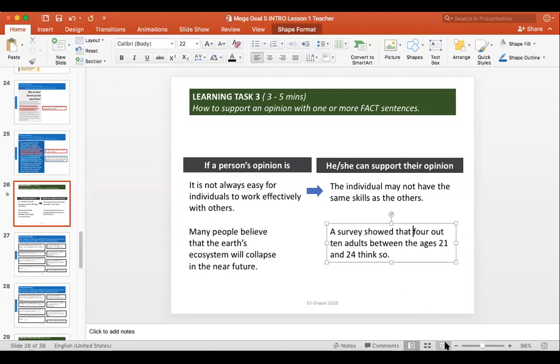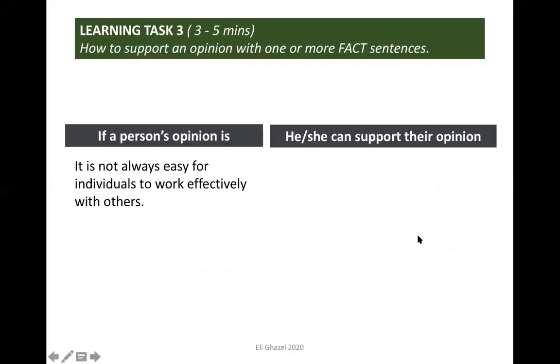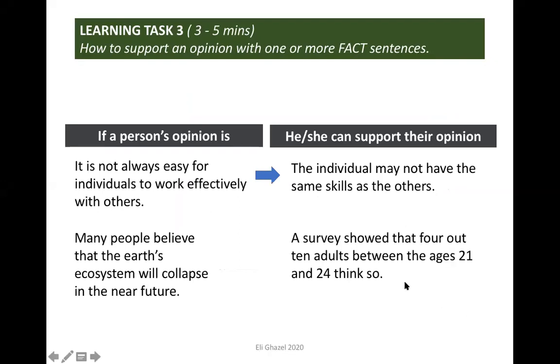4 out of 10 adults between the ages of 21 and 24 think so. So you have facts here. Somebody conducted a survey and went around to look at people between 21 and 24, and asked, what do you think? Yes, no, yes, no, yes, no. Now, the people who are speaking have opinions, but the survey is a fact, because you look at your claim, many people.